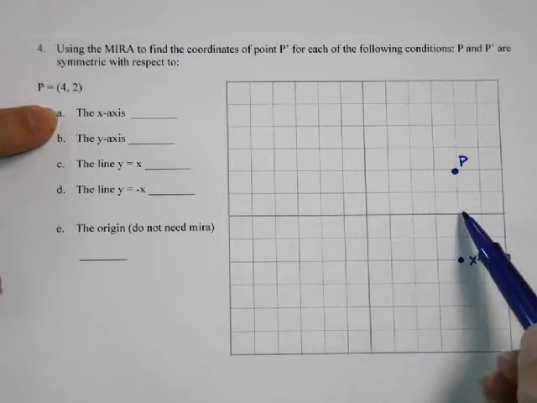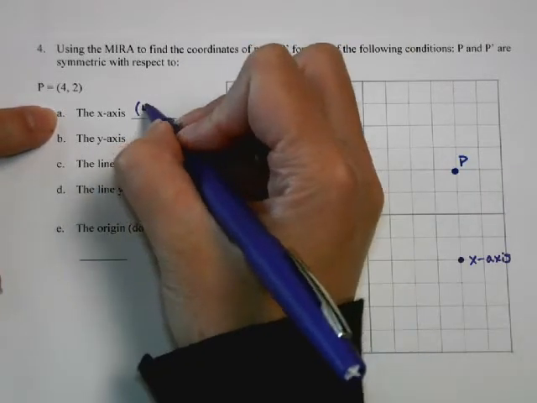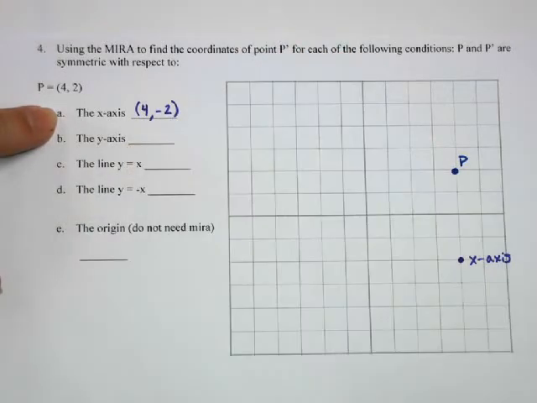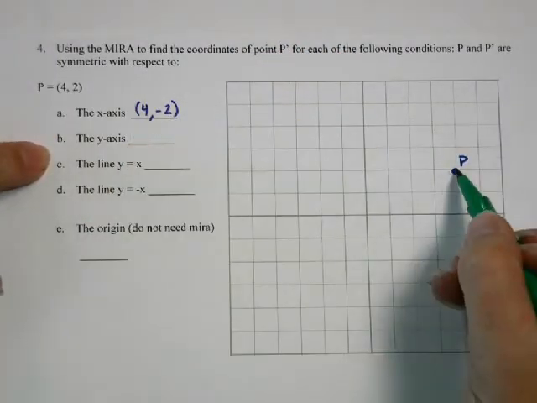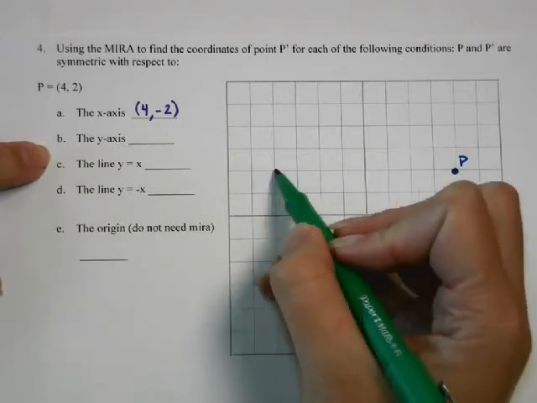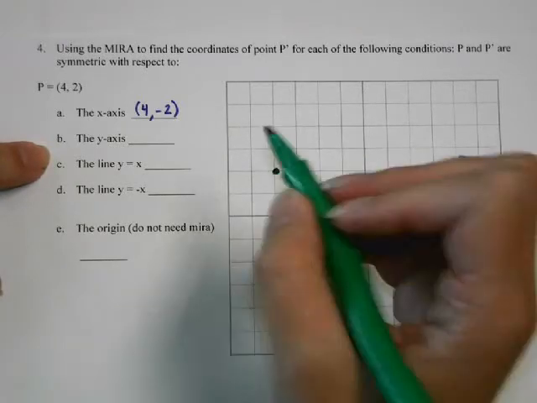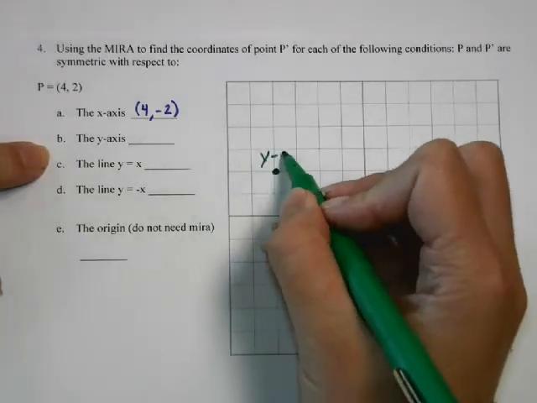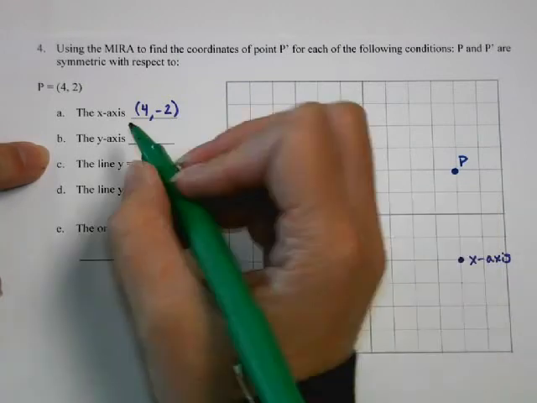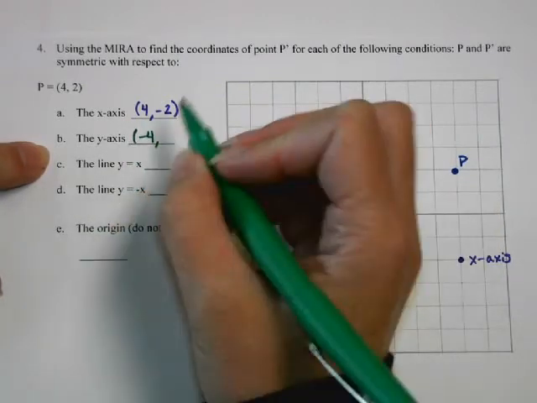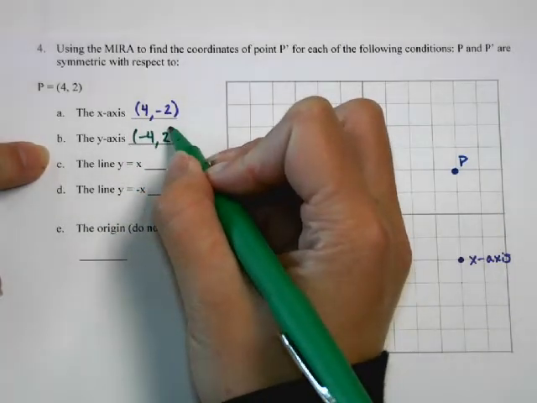So the coordinates here are 4, negative 2. Okay, we're going to take it over the y-axis. So we're going to pull it over here. Okay, and its coordinates are negative 4, 2.